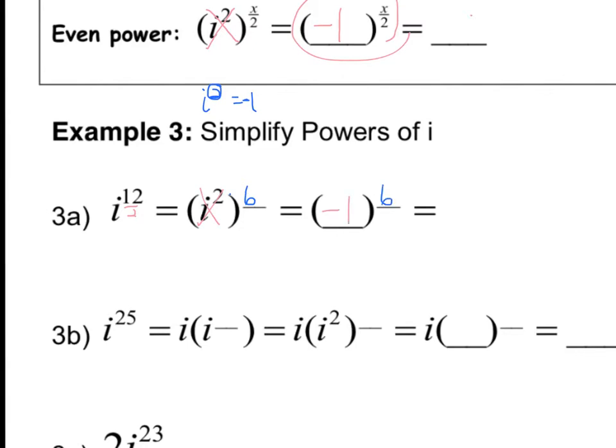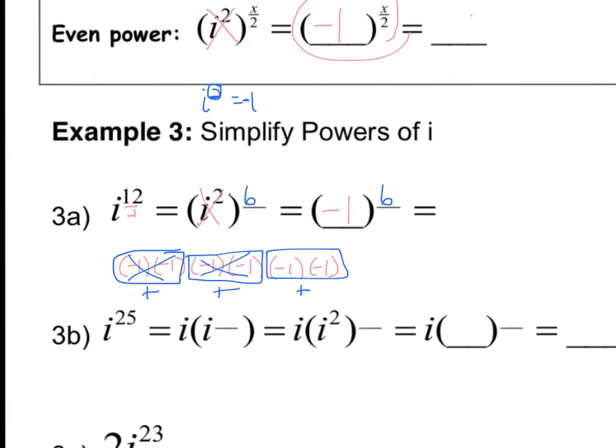You can either type that in your calculator, or you can think about having 6 -1s all multiplied together. The number is going to be 1, obviously, because 1 times 1 times 1, keep going, it equals 1. But we have to consider if the sign will be positive or negative. 2 negatives will equal a positive, 2 negatives will equal a positive, and those 2 negatives will equal a positive. So our answer here is going to be +1.